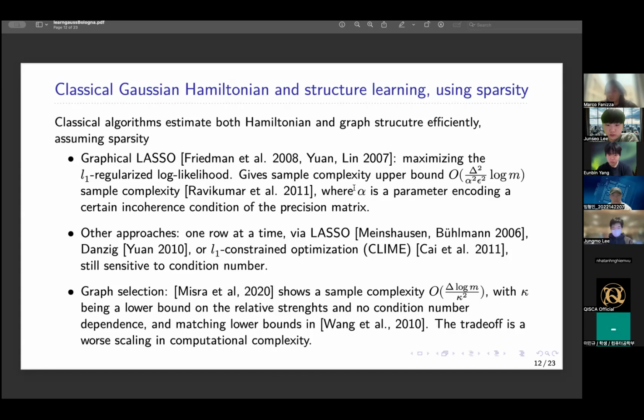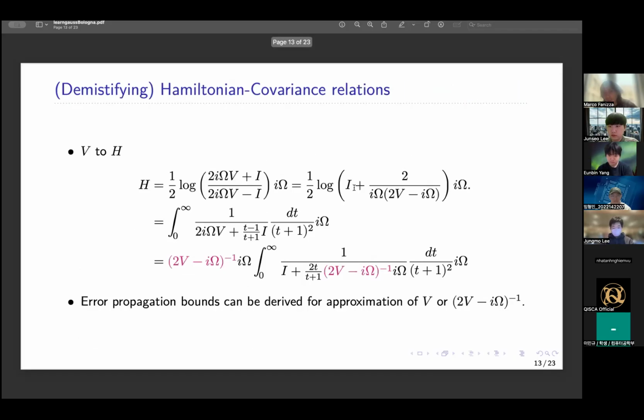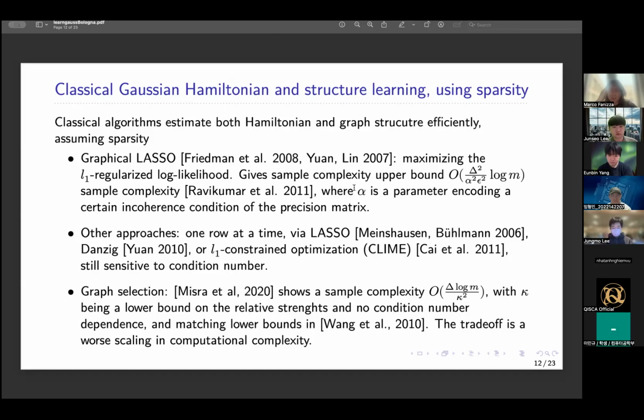This is to convince you that there is a very wide, very nice literature in the classical case, while this work is the first that addresses this problem in the quantum case, and there is still a lot to do to get to the level of depth of the classical literature.